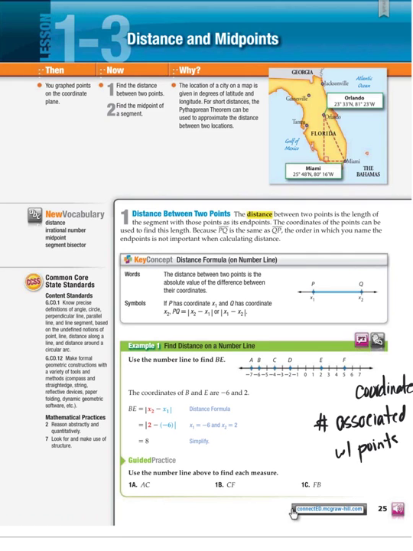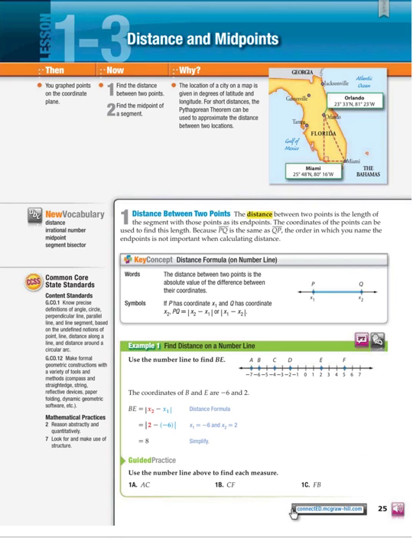So we have to have a foolproof method that will work every time. The distance formula to find distance on a number line: we take the absolute value of the difference of the coordinates.